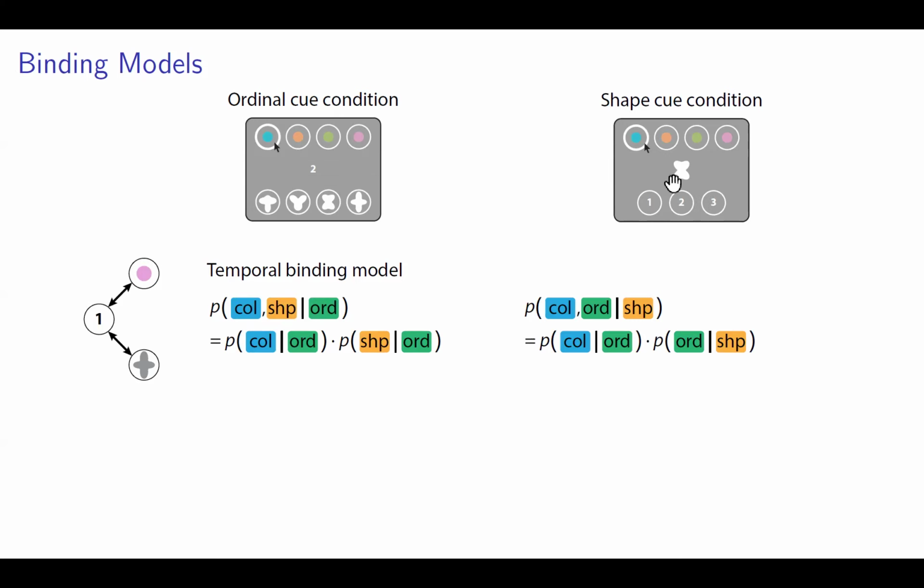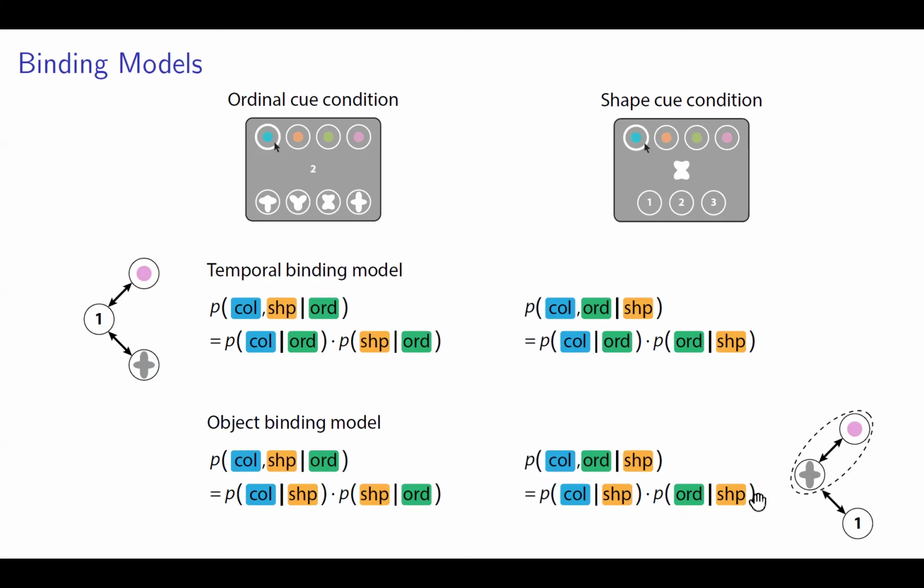Whereas in the shape condition, the probability of reporting a color and ordinal position given a shape should be the probability of reporting that color given that ordinal position times the probability of reporting that ordinal position given the shape queue. And this probability we would get from the results of the ordinal queue condition. We can see from there the probability of reporting a certain color given the ordinal queue, and fill that in here to give us the response probability in this indirect pathway.